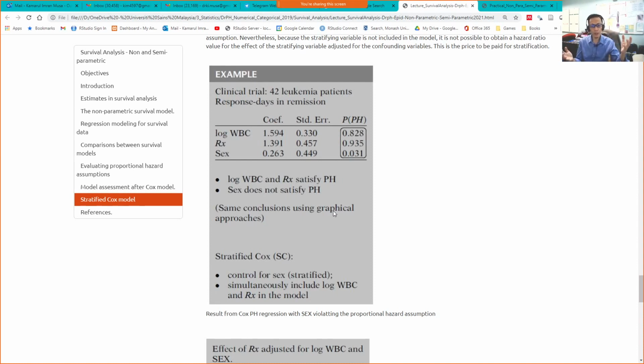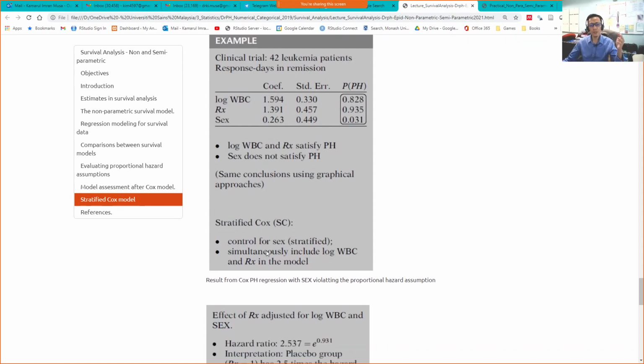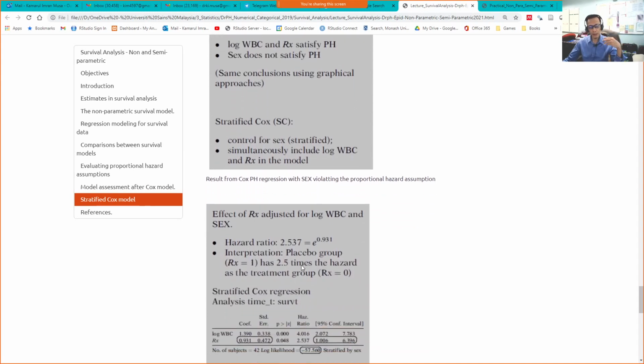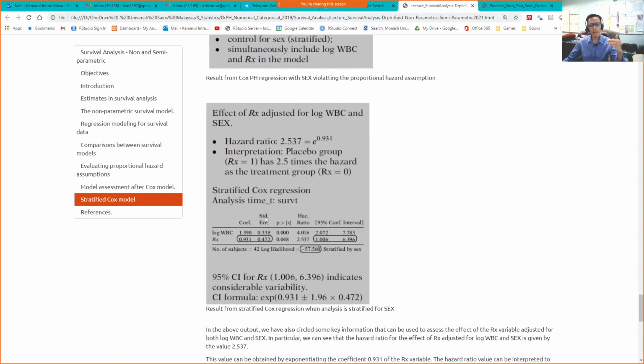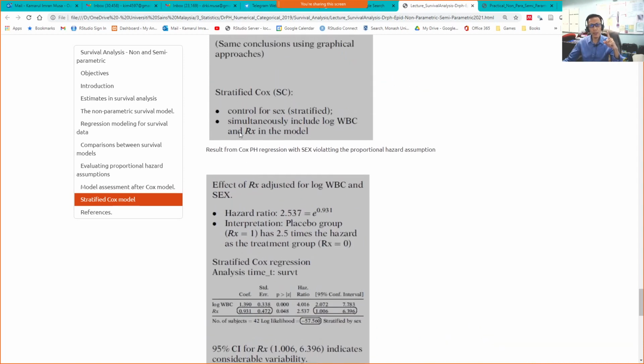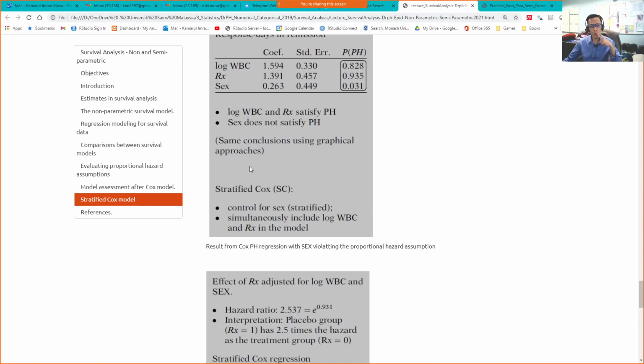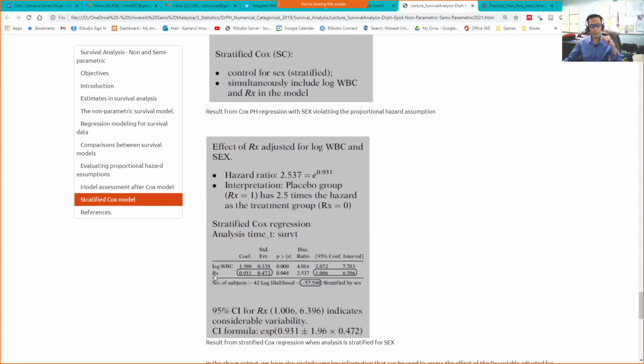So what we can do is use stratified Cox by controlling for sex, by stratifying on sex in the analysis. We run this in stratified Cox regression, and we get these results. One thing that is very important that you would see here is that variable sex is no longer here.